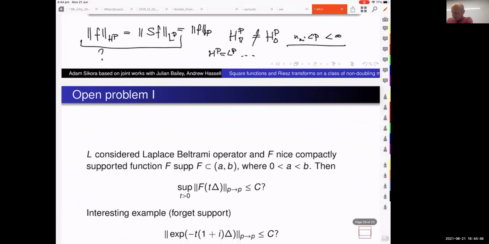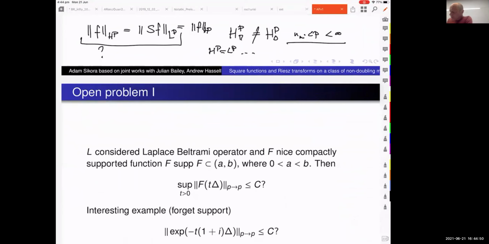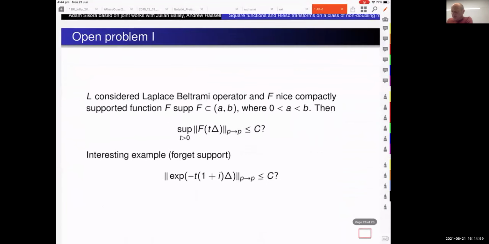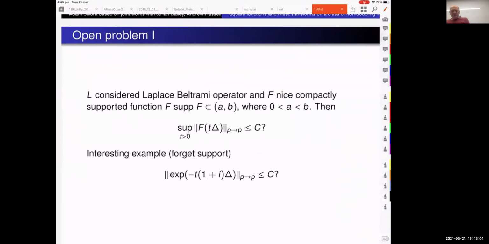Okay, and I want to finish, right? So I guess I've got a couple more minutes, so maybe I will finish with a couple of questions. From the point of view of harmonic analysis, we get a little bit far away from L^p, but not quite far away. We are talking about the spectral decomposition of differential operators, right?